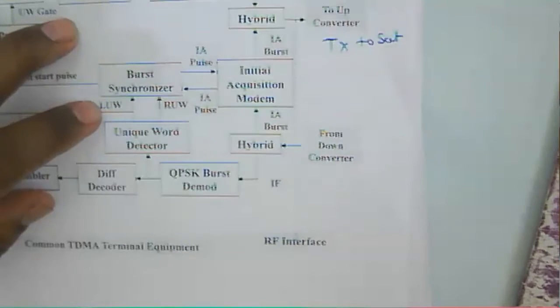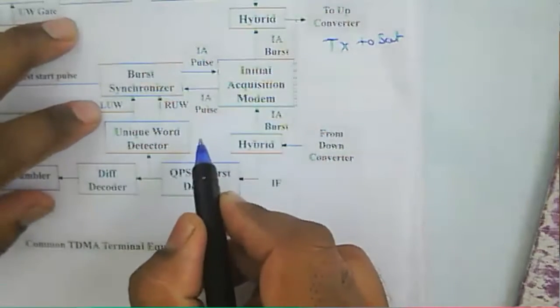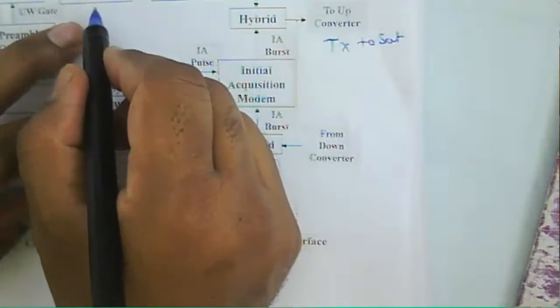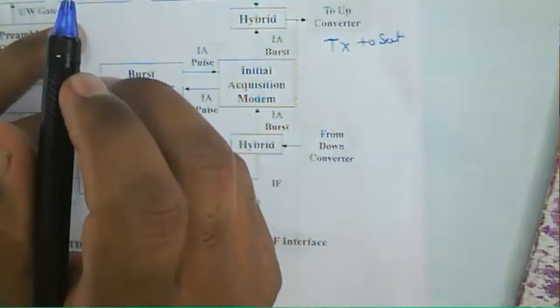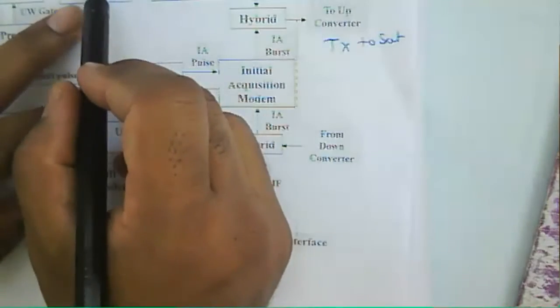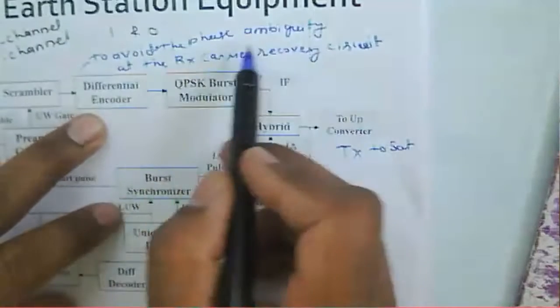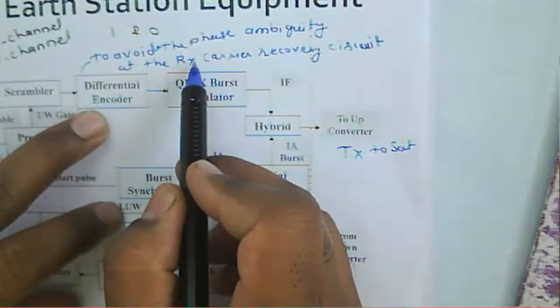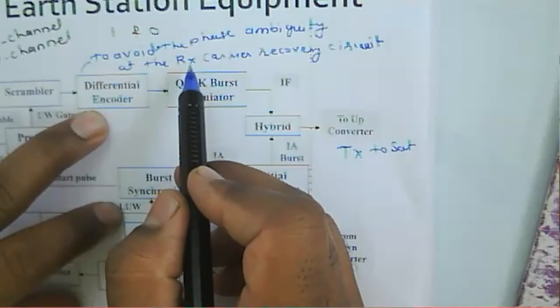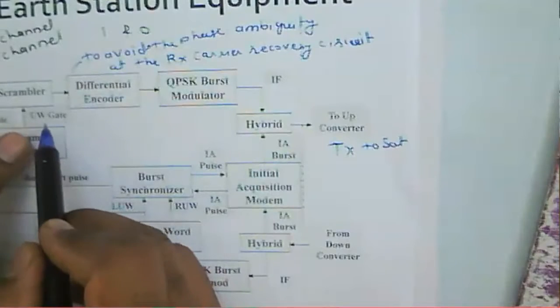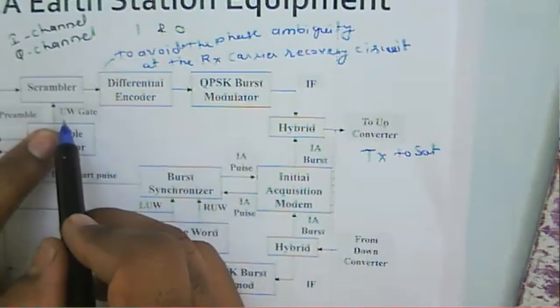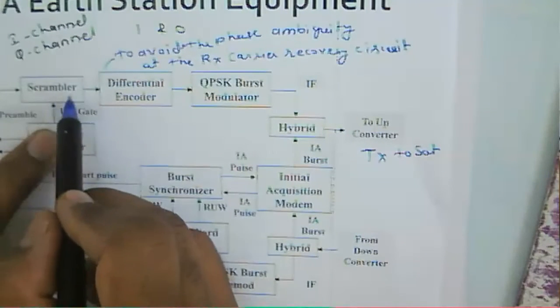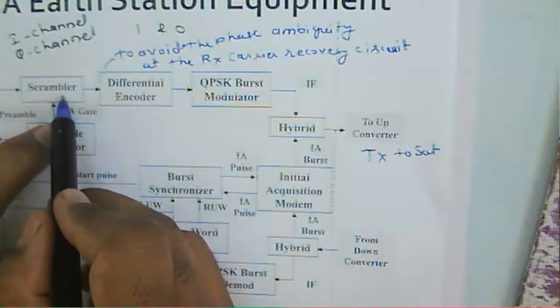If you consider the satellite, they have differential coding equipment to solve the problem of this phase ambiguity. And again, we are sending a unique word data, and that unique word goes through the scrambler for the clock recovery.